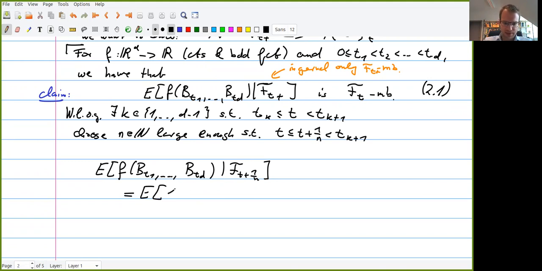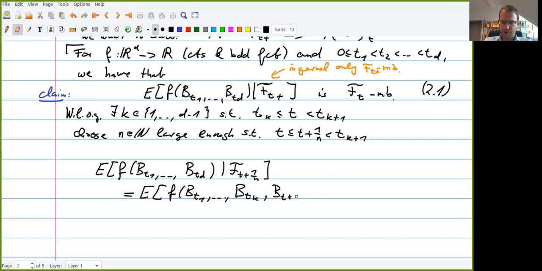So we know that this is independent. The standard trick is, you add and subtract in order to get increments.